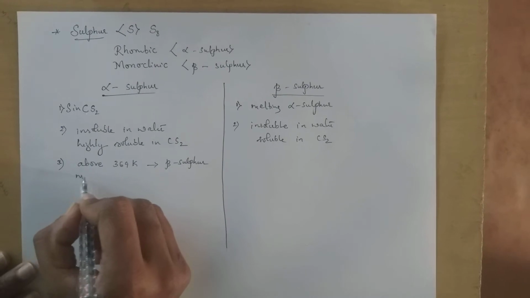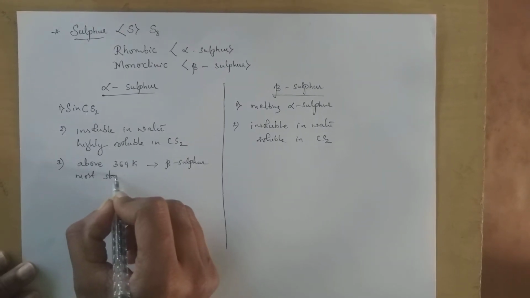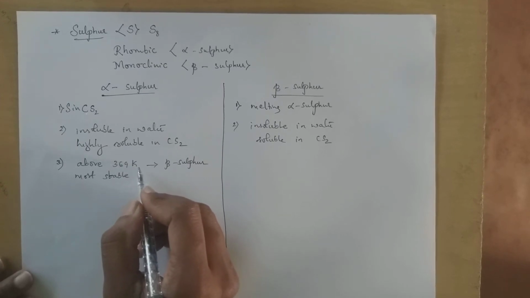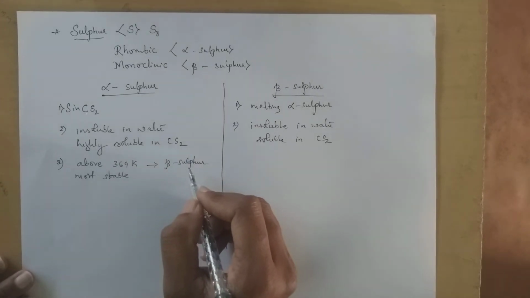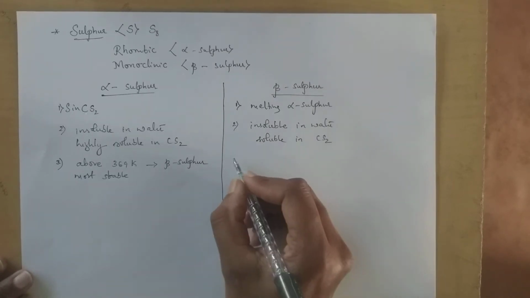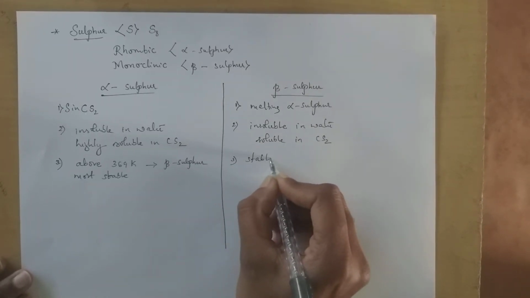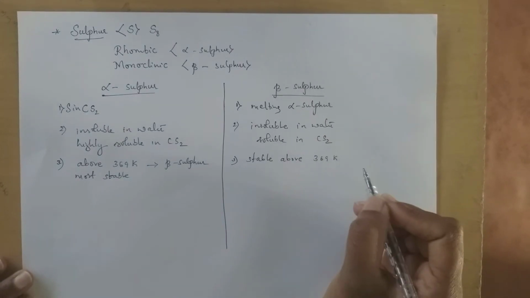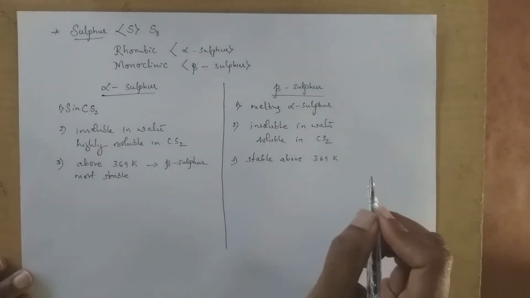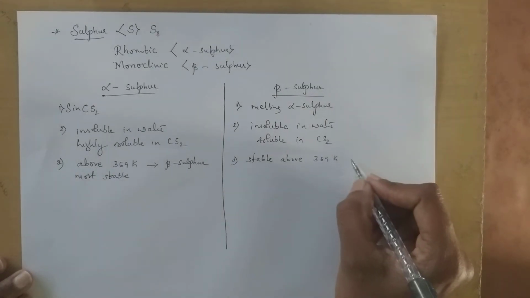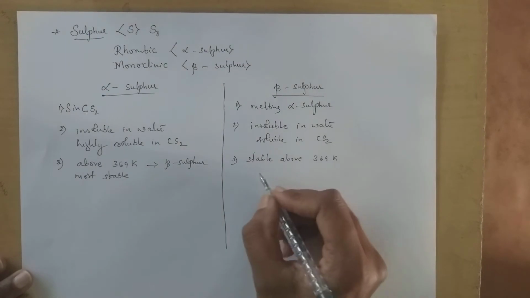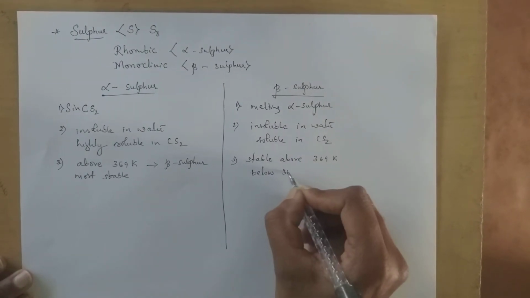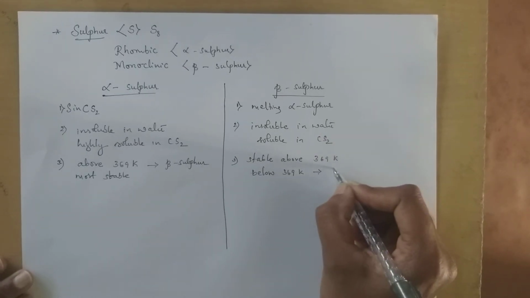So the most stable sulfur is alpha sulfur, but if it reaches above 369 Kelvin, it forms beta sulfur. Beta sulfur is stable above 369 Kelvin and transforms to alpha sulfur below that. So below 369 Kelvin it forms alpha sulfur.